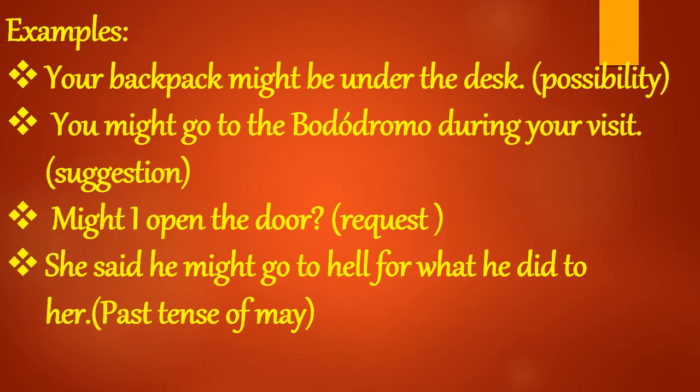This is a kind of suggestion. It also expresses suggestion. Then next is request. Might I open the door? This is a request. Next is the example of past tense of may. She said he might go to hell for what he did to her.